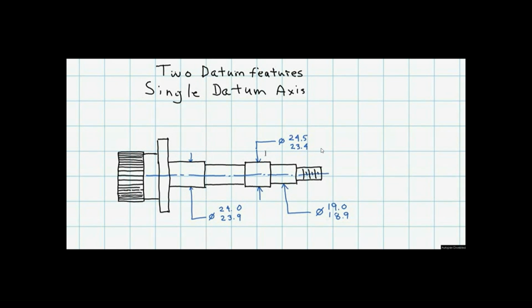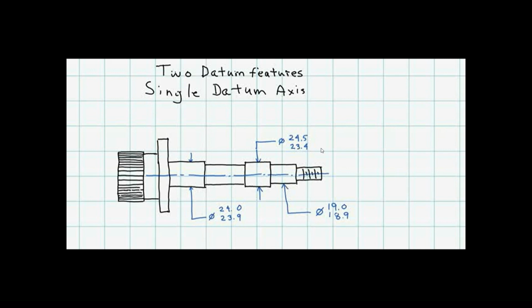So what we have here is a shaft feature, and this shaft feature will rotate about a couple of bearing features in the mating part, and those diameters are defined as our 24.5 to 23.4.